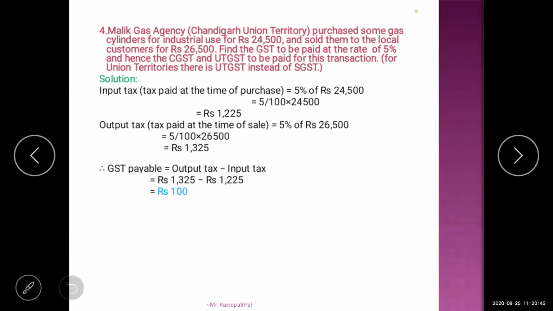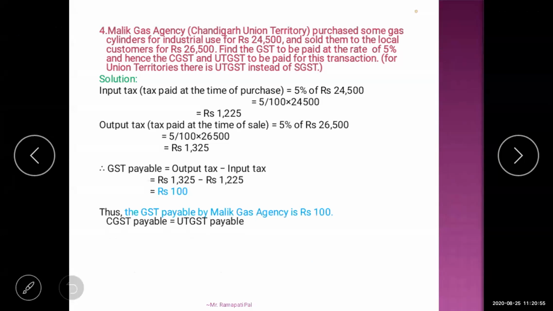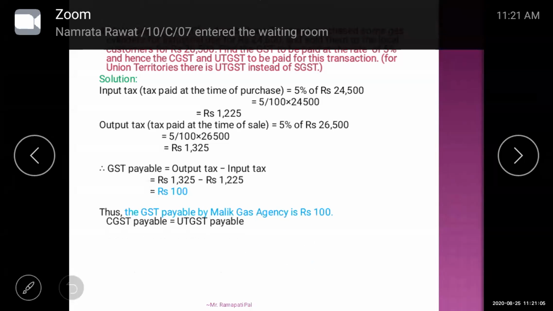Or you can say that CGST is equal to UTGST, which is equal to half of GST. Thus, the GST payable by Malik Gas Agency is rupees 100, and CGST is equal to UTGST, which is equal to half of GST.